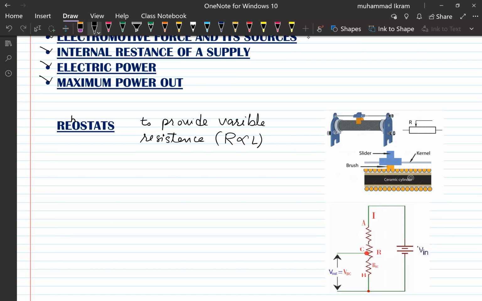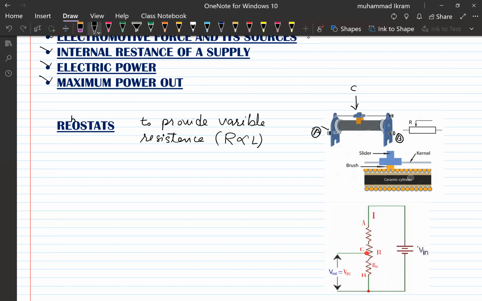If you see the figure of the rheostat, it consists of two fixed terminals, terminal A and terminal B, and we also have the terminal C.